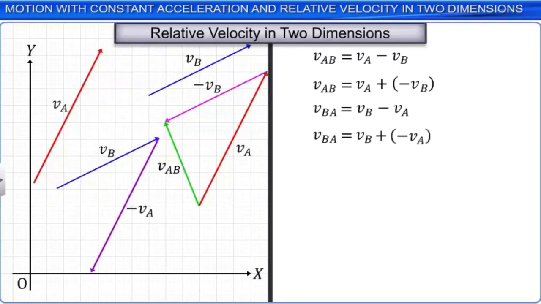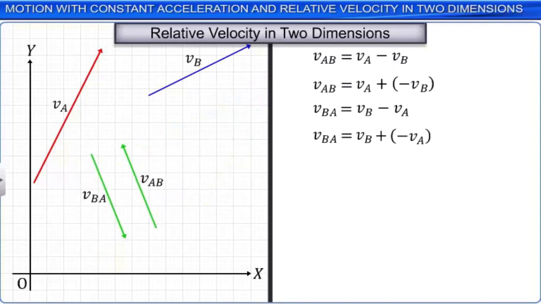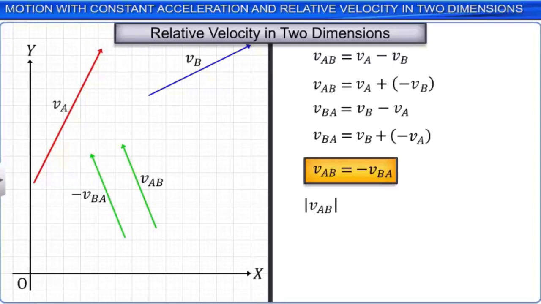That's exactly what we are doing. If you do it in the reverse way, we will get the same answer. That means the relative velocity of a with respect to b is equal to the opposite of the relative velocity of b with respect to a. If you find the magnitude, both magnitudes will be equal, only the direction varies.